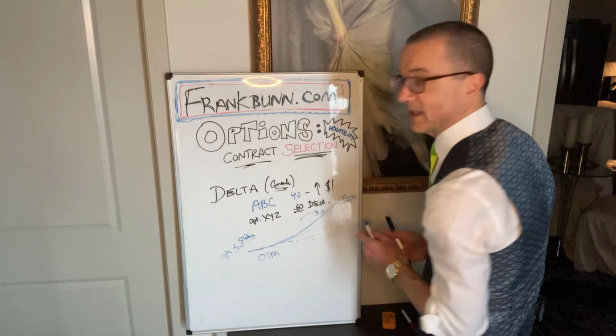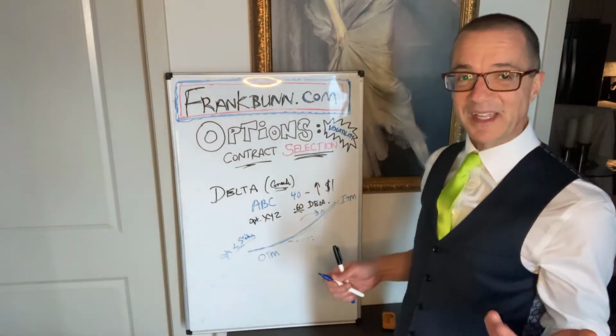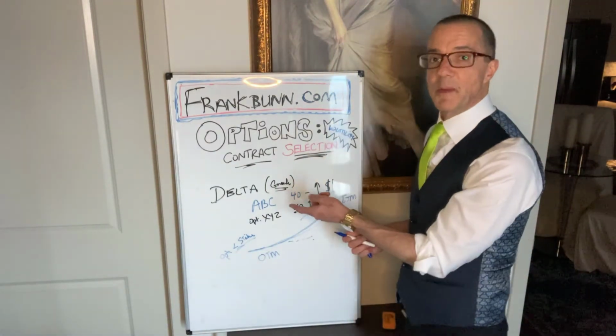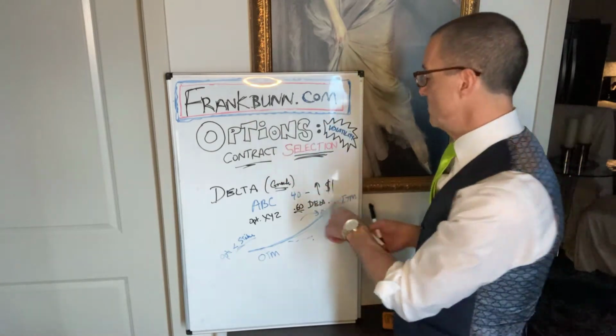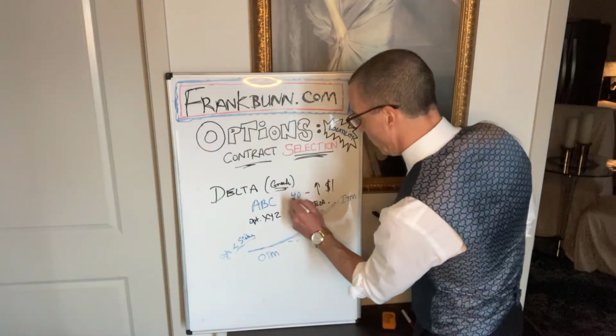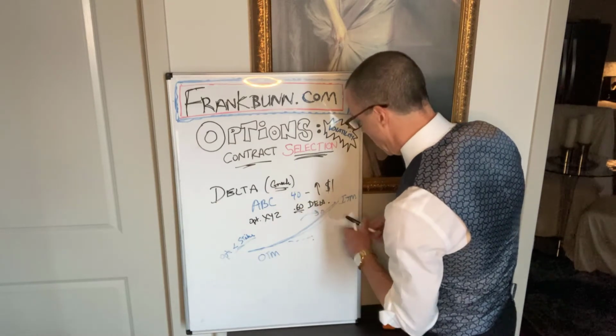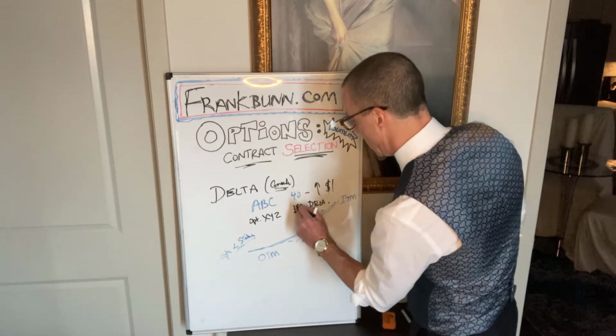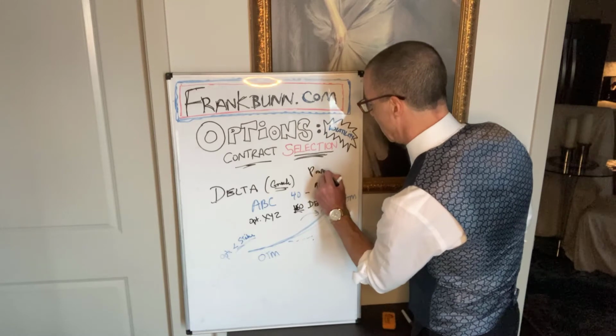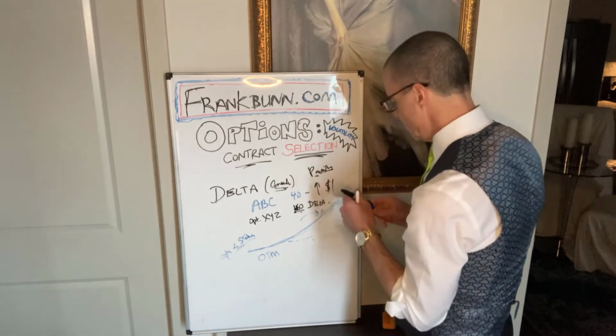Then delta will steadily increase until something called parity hits, which means the option is now at 1-for-1, meaning for every dollar move in the underlying, you get a $1 move in the option contract. That's called parity.